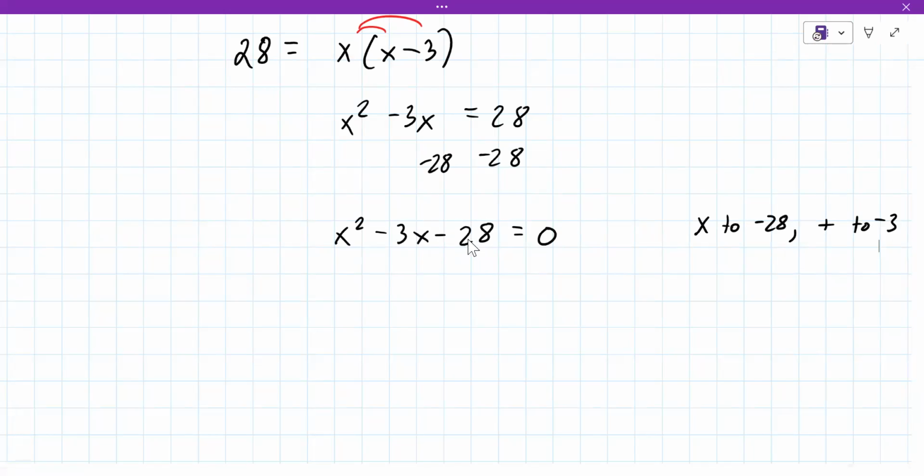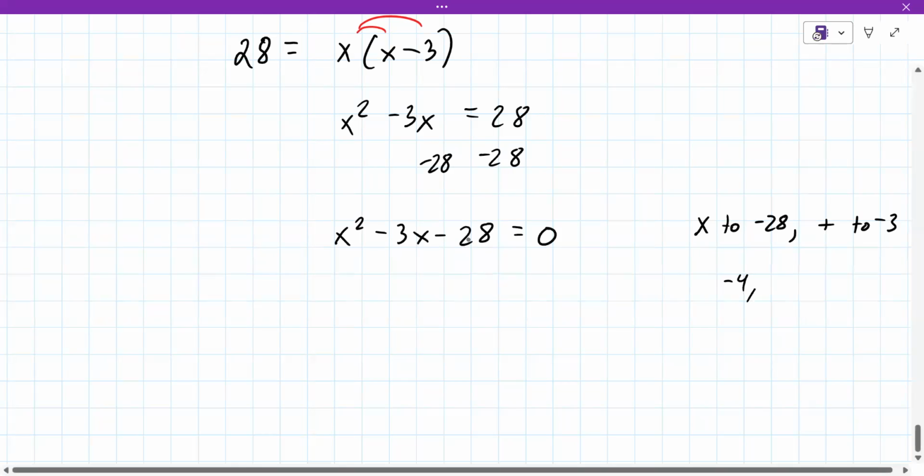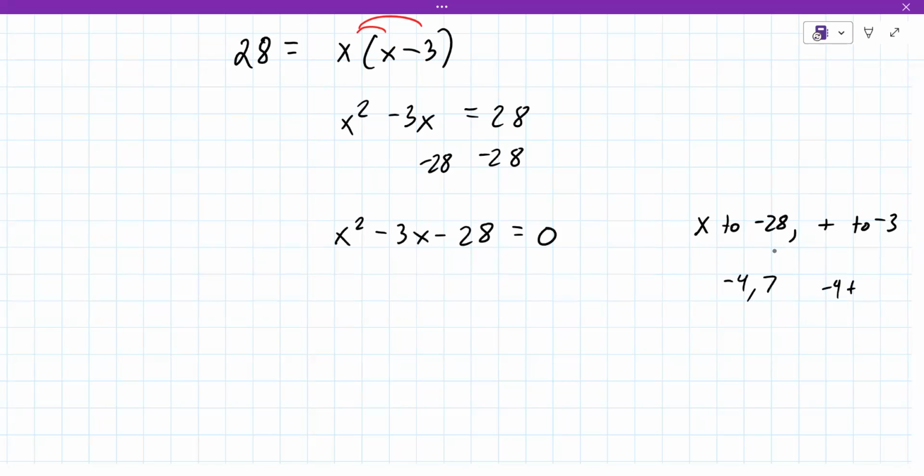I think -4 and 7. Okay, those do not add up to -3 though. What do they add up to? They both multiply to 28. For sure it multiplies to -28, but what is -4 plus 7?